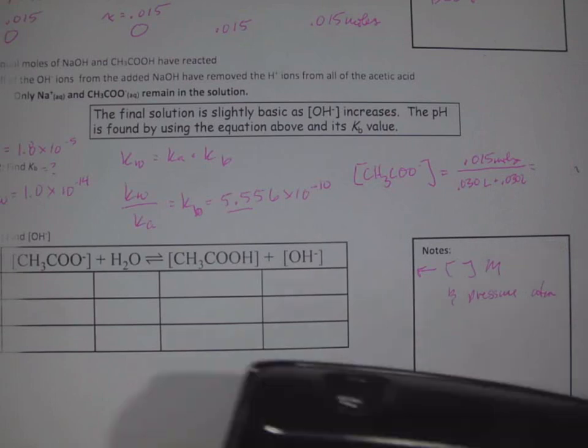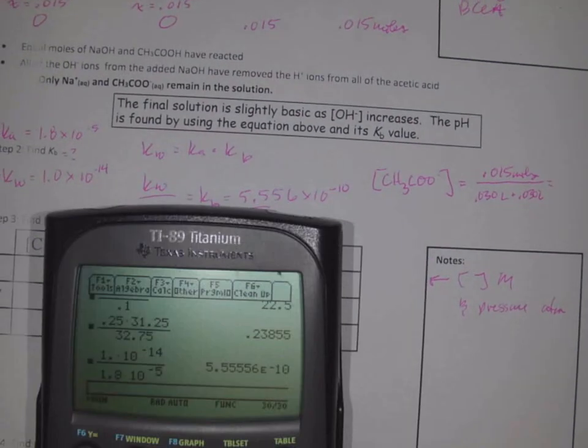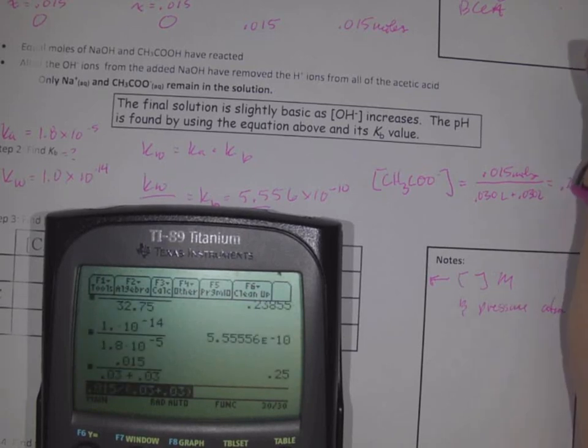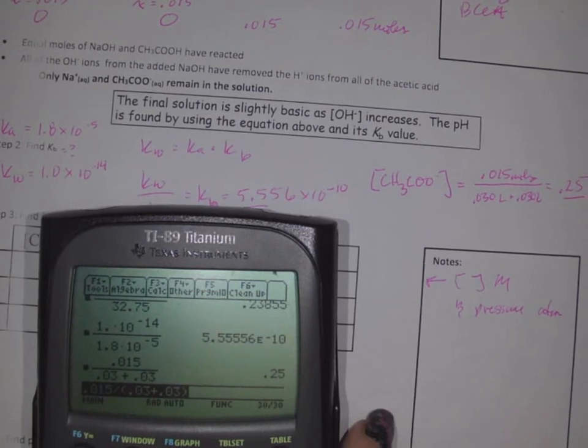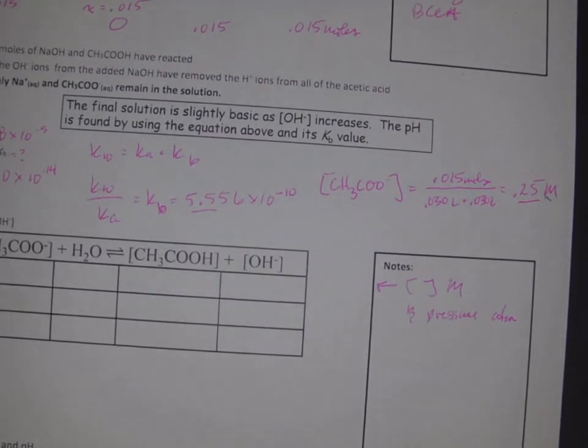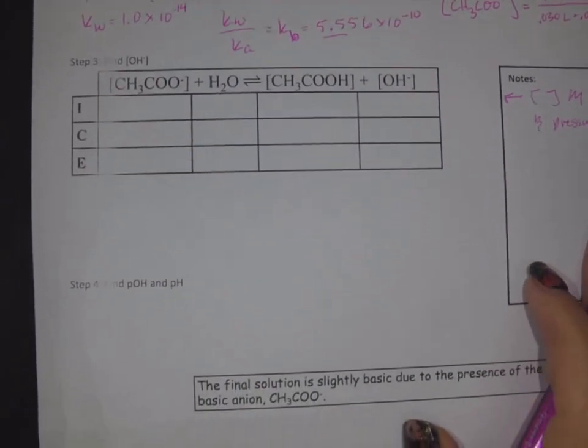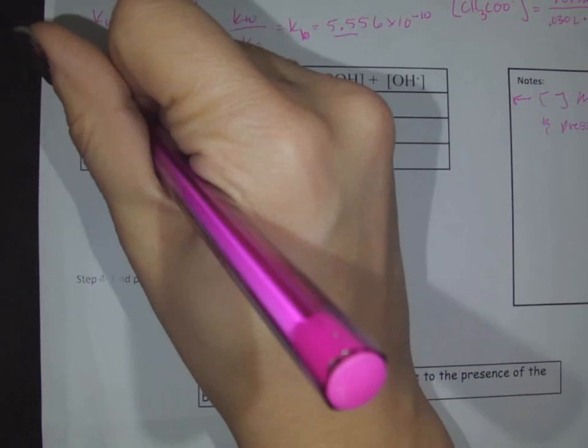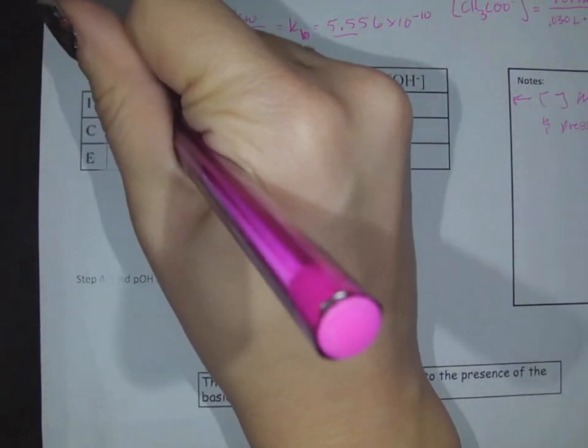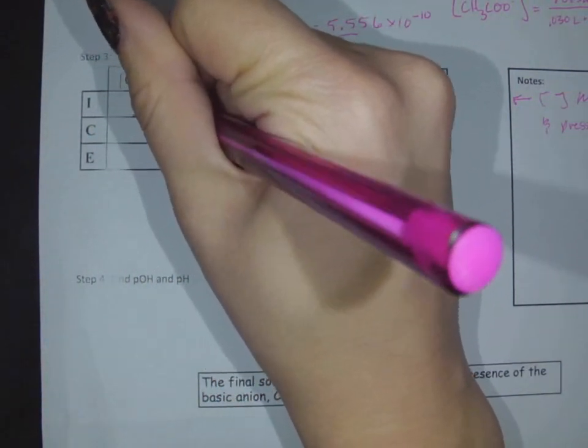Okay, so when we run that number, 0.25, and that was 2 sig figs. Okay, we have 0.25 molarity. So we are starting with 0.25 molarity.